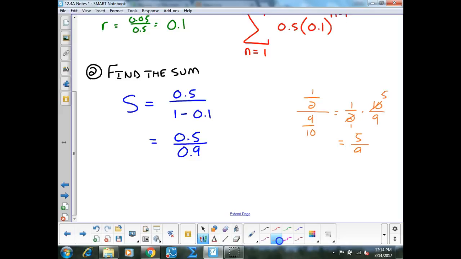Talk to me, Hunter. 0.5 and 0.9, move this decimal point once, move that decimal point once, gets you 5/9. Yep. Either way. That's why you're at the crossroads there. So the sum there, or the fraction, if you will, is 5/9. Nice.